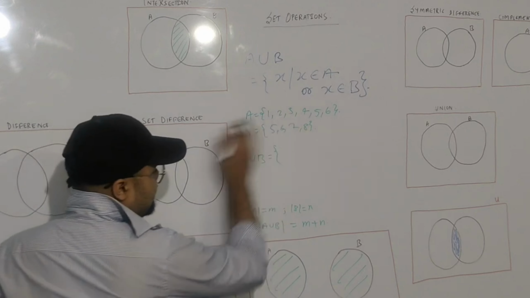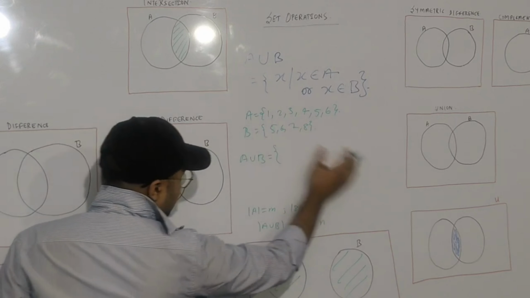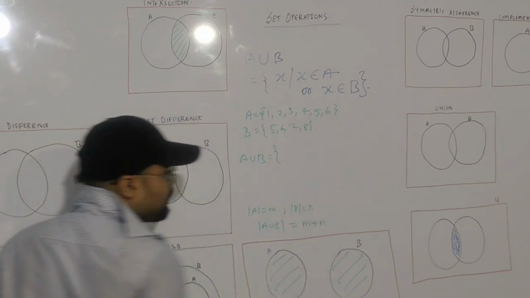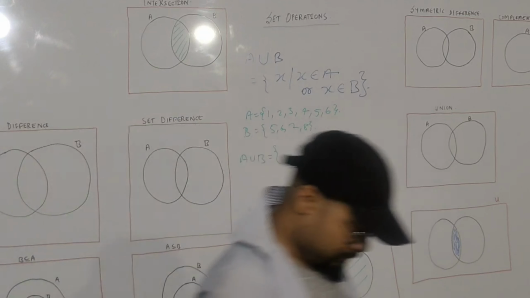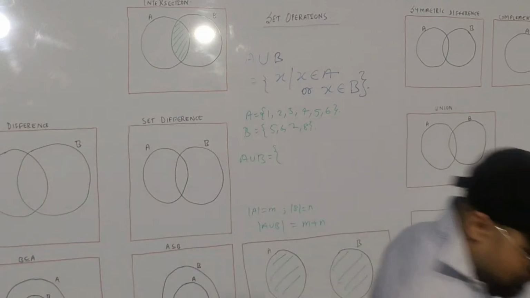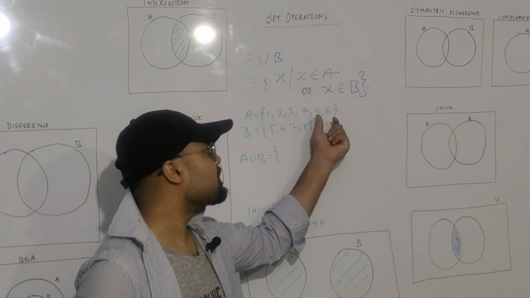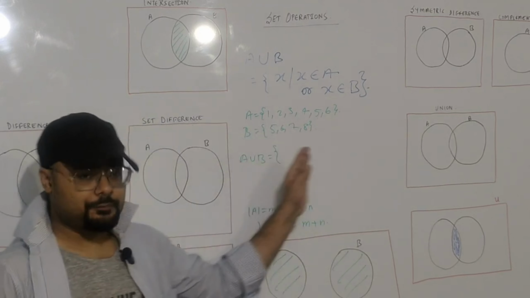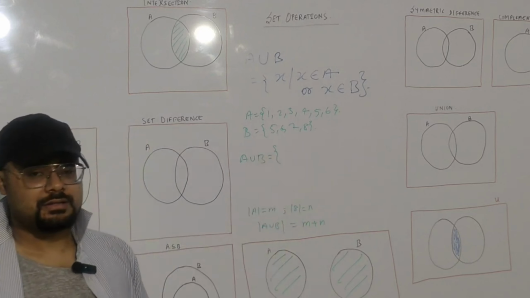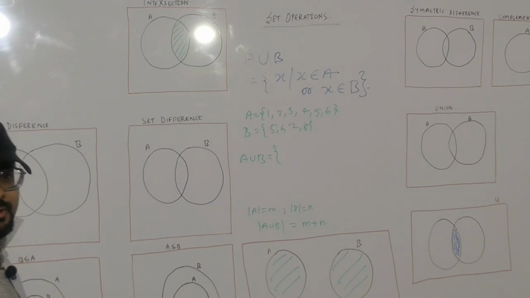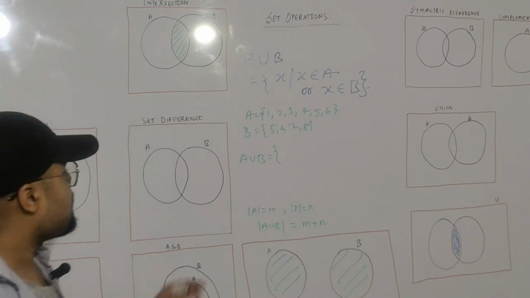But if you just straight away take the elements of A and straight away take the elements of B, 5 and 6 are going to be written twice because they are common elements. When you list all the elements of A, one time you will write 5 and 6, and when you list all the elements of B, a second time you will write 5 and 6. And duplicates are not allowed.